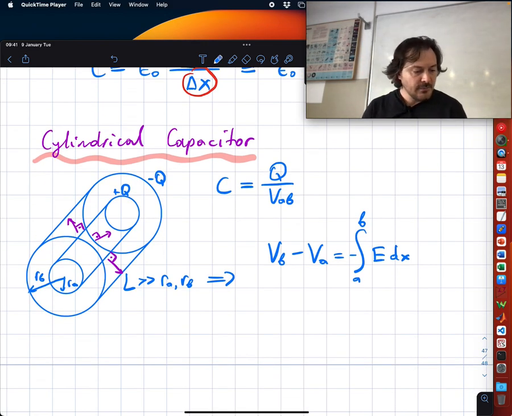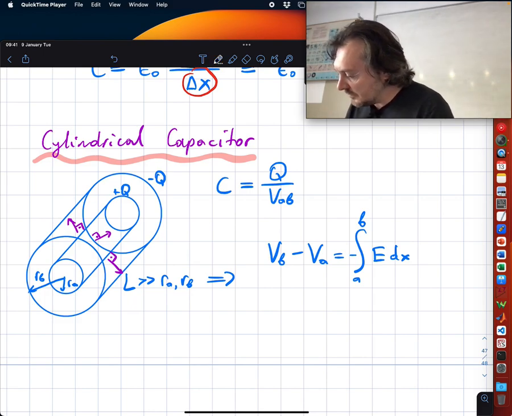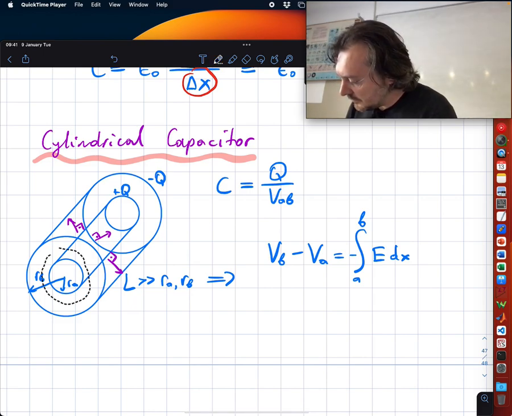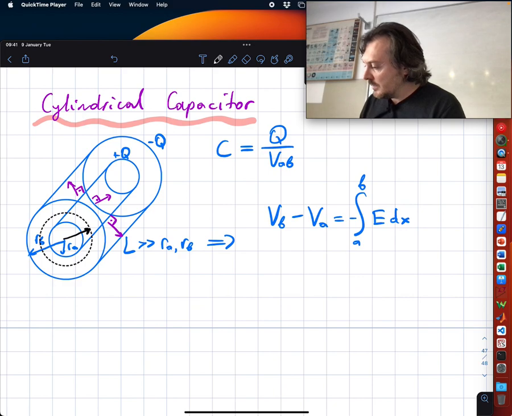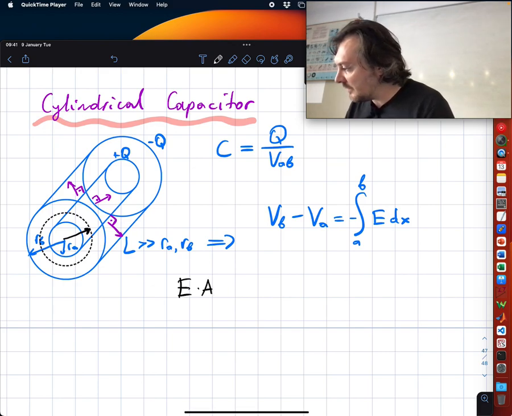And what is the electric field inside at any distance r? Lambda over 2 pi epsilon 0 r. E times the area of this cylinder, the lateral area, right? Let me just plot it like this.